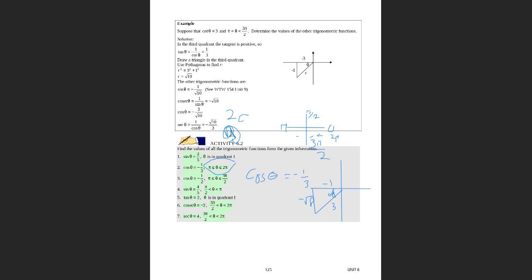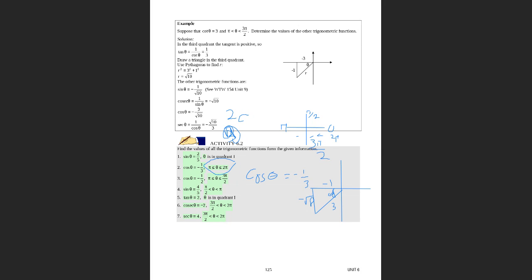Once you know that, you can easily use your CAST and your trig ratios, SOHCAHTOA, to find your other ratios. So let us focus on that.